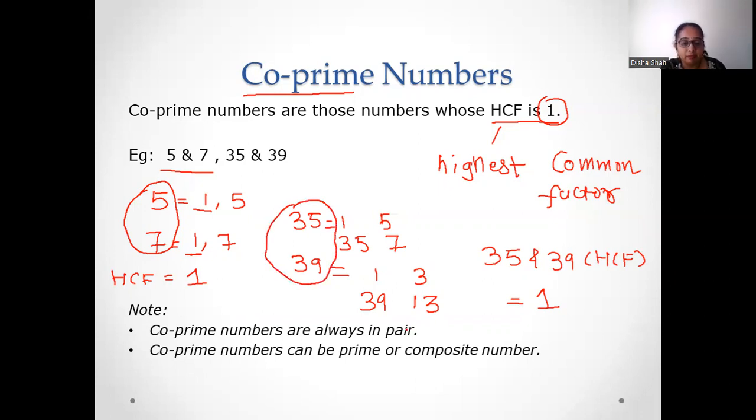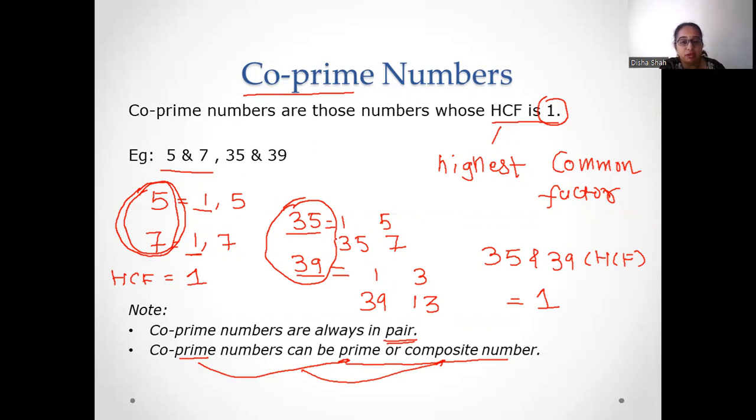Co-prime numbers हमेशा पेयर में होते हैं. ओके, पेयर में होते हैं. एंड को प्राइम नंबर कैन बी प्राइम और कंपोजिट. नाम सुन के ये मत सोचिए कि को प्राइम नंबर्स आर ऑलवेज प्राइम. नो, इट कैन बी कंपोजिट ऑल्सो. जैसे कि यहाँ पर आप देख रहे हो, ये जो एग्जाम्पल है यहाँ पर 5 and 7 बोथ आर प्राइम नंबर. ऑलवेज अ प्राइम नंबर इज अ को प्राइम नंबर. एनी प्राइम नंबर इज अ को प्राइम नंबर क्योंकि इनमें कुछ कॉमन है ही नहीं. बट as you can see here 35 and 39 both are composite number but still they are co-prime numbers.